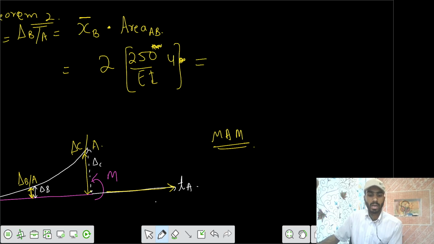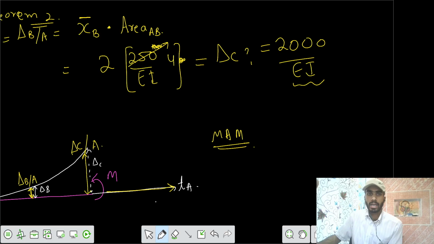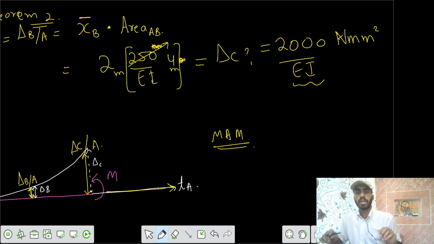If you substitute the values of E and I, you can get the deflection. Here it is 250 into 8, that's 2000 by EI. The units depend on whether it is kilonewton or Newton meter, and the lengths are in meters, so meter square also. It depends on the units, then you can calculate after that.